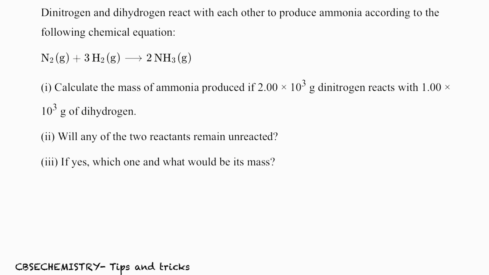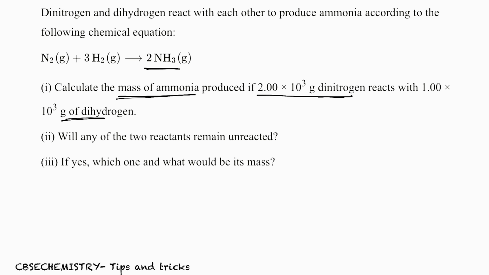Before we start answering, I will give you a very important hint. See here, what you have to find is the mass of ammonia, which means the mass of the product. And they have given the mass of both reactants. Mass of nitrogen is 2000 gram and mass of hydrogen is 1000 gram.